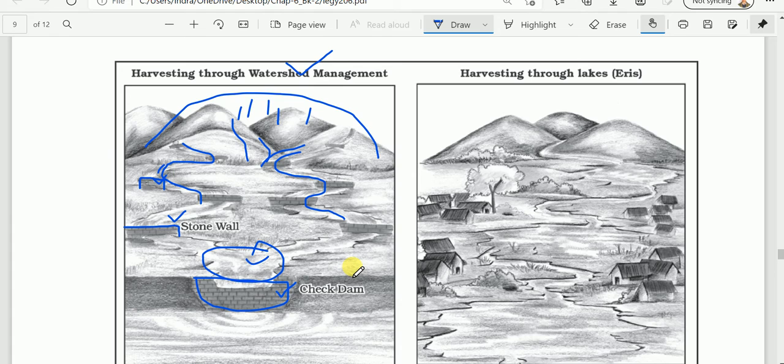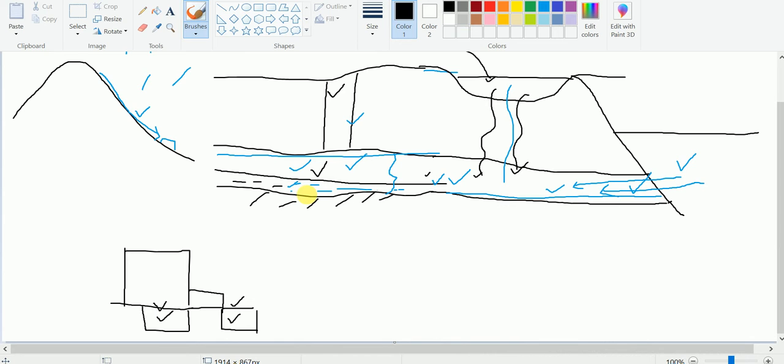So this is one of the techniques to harvest rainwater, and this technique is known as harvesting through watershed management. As I also mentioned earlier, this is the river slope of the mountain, a cross section.